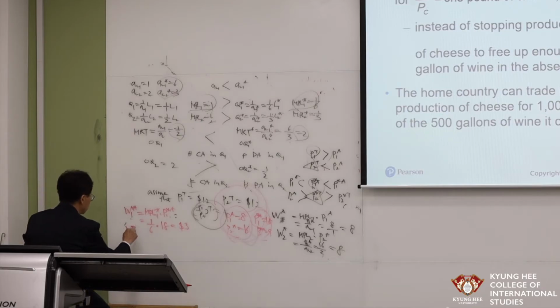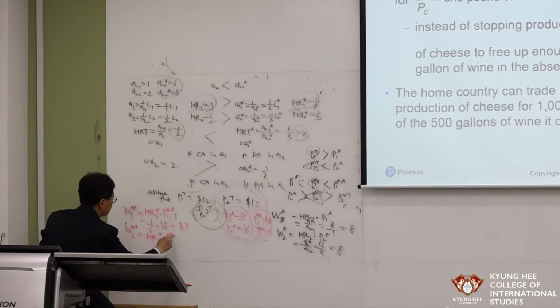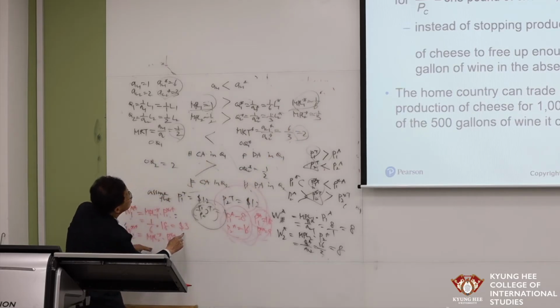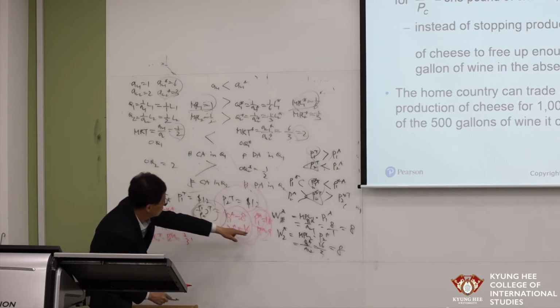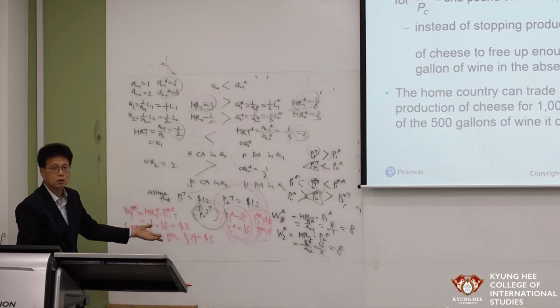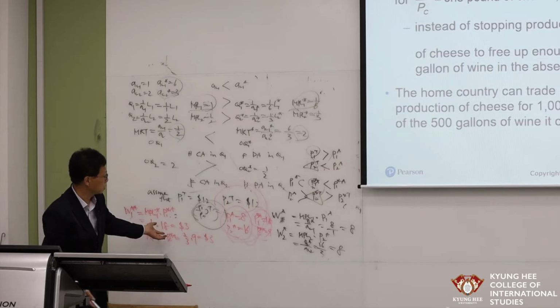The wage rate in foreign in sector 2 is MPL2 star multiplied by P2 star. MPL2 star we already calculated, a third, and the price is $9, so $3. Same for the wage rate in sector 2 in foreign, right?